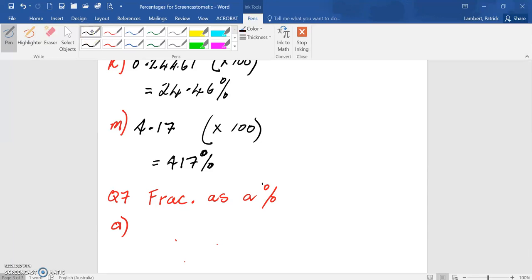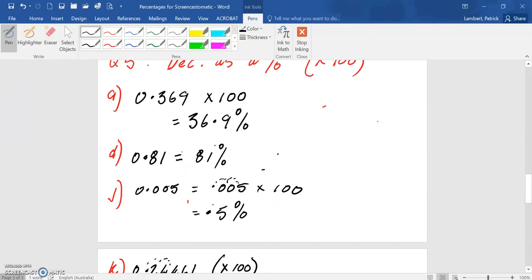Part A, we're asked to do 5/8 as a percentage. What that really means is 5 divided by 8 multiplied by 100. You don't need the brackets because the order of operations, division and multiplying, can just be done from the left.